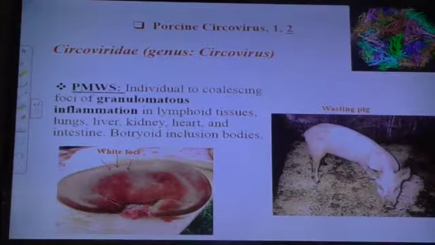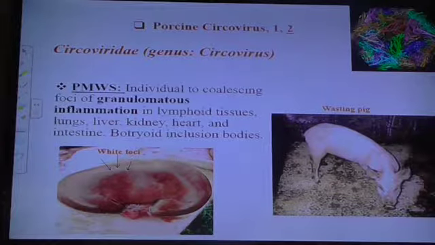So let's start with post-weaning multisystemic wasting syndrome. In this syndrome, there is obviously the wasting of the pig, the significant loss of weight. In addition, it can be systemic, so it can affect a number of organs, including the lungs, liver, kidney, heart, and intestine.